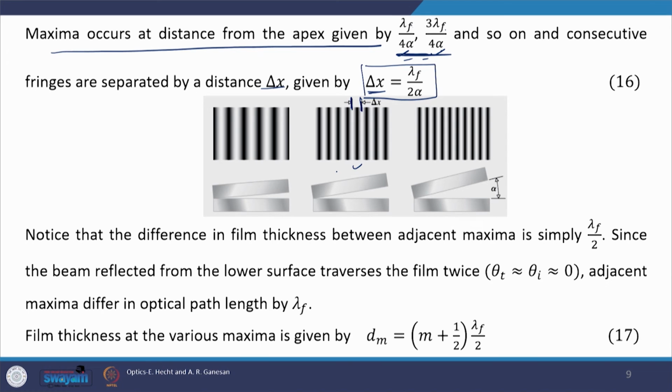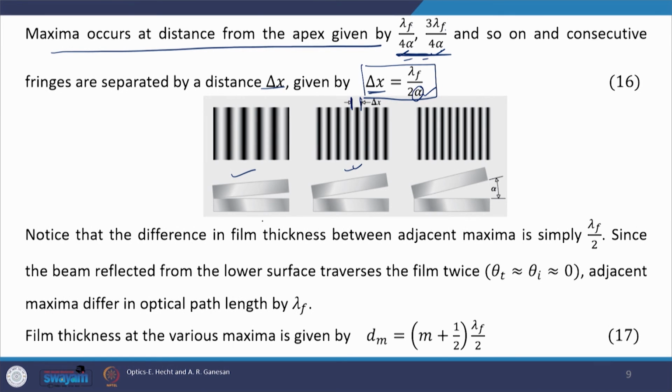Now, this separation is inversely proportional to alpha, the angle, and therefore, if you increase alpha, the fringe width decreases, and this is exactly what is shown here in this figure. Here, if you go from left to right, alpha is increasing, and since fringe width is inversely proportional to alpha, it will decrease.